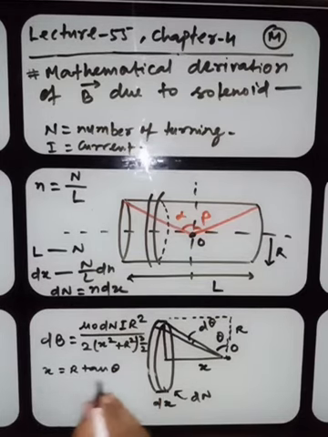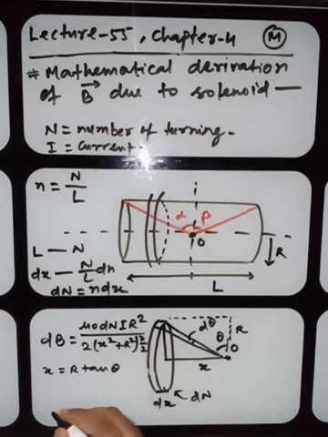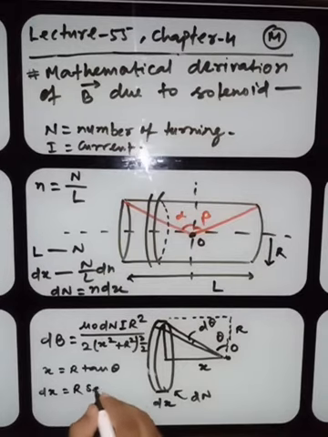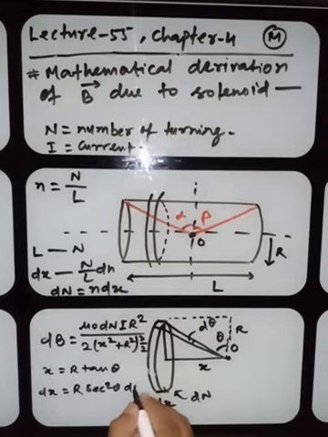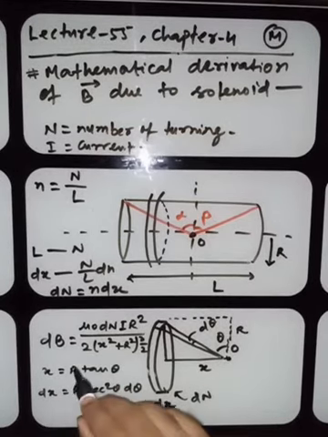We differentiate x with respect to theta and get dx equals r sec square theta d theta. Now we'll put the value of x and dx in this equation.